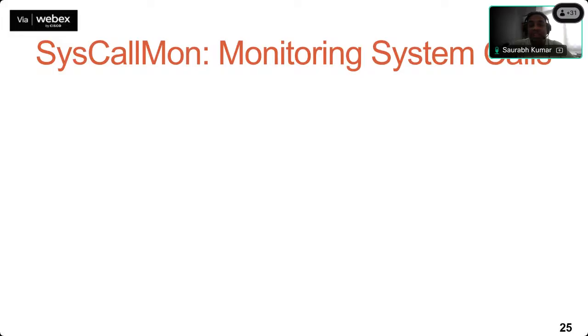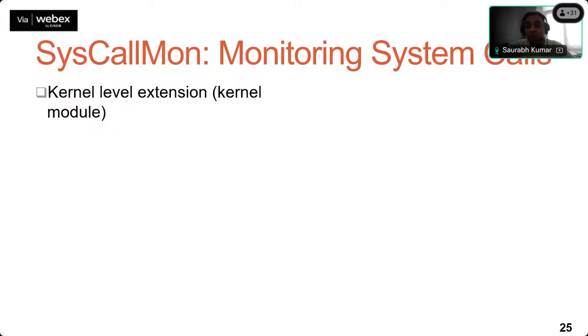For that, we created a system called monitor utilities, which is a kernel-level extension, or you can simply say kernel modules. If you are familiar with the Linux environment, Linux nowadays has a modular architecture where you can create a kernel module to enhance the functionality of the Linux kernel.